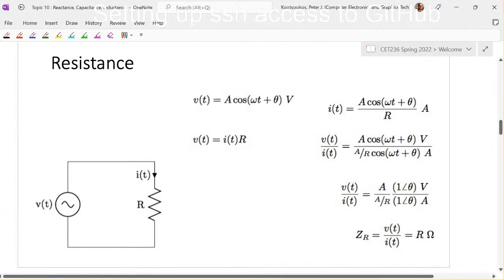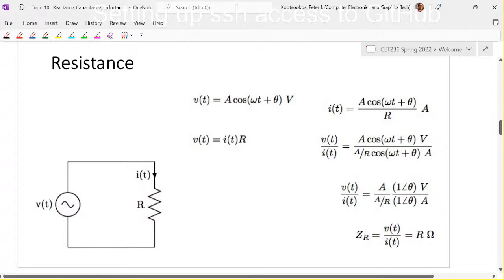So here's a circuit. We have a voltage source, a current, and a resistance. Instead of just being a voltage source at a level A, we're now making the voltage source a function of time.